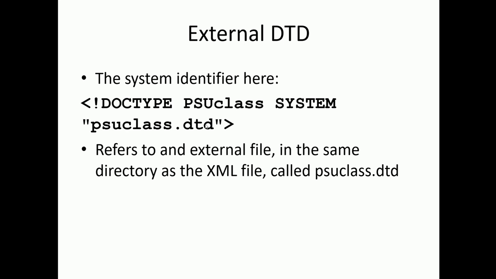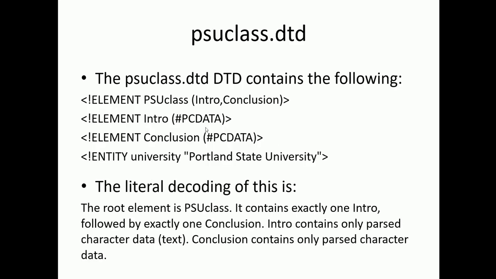The external DTD that was referred to in this case refers to an external file in the same directory as the XML file called psuclass.dtd. psuclass.dtd has the following declaration. We have the root, which is PSU class.